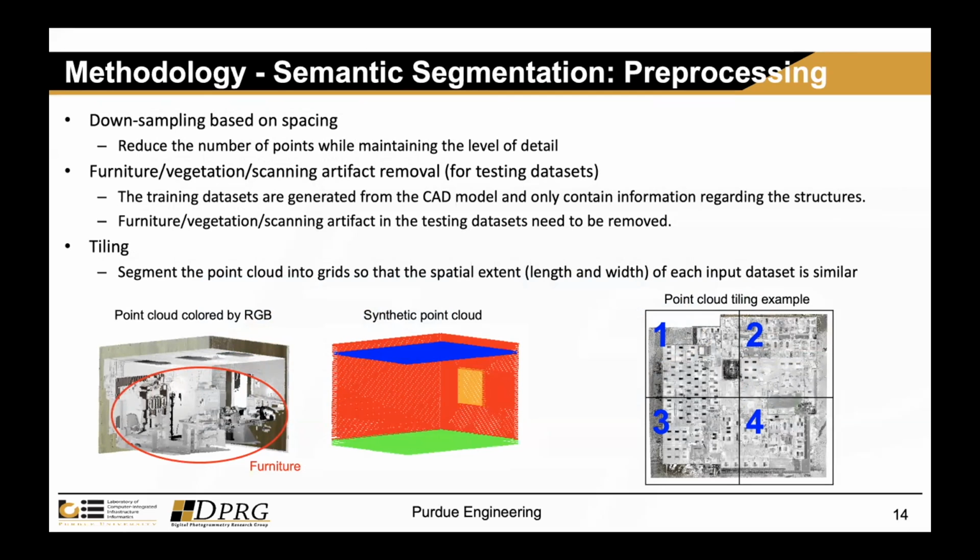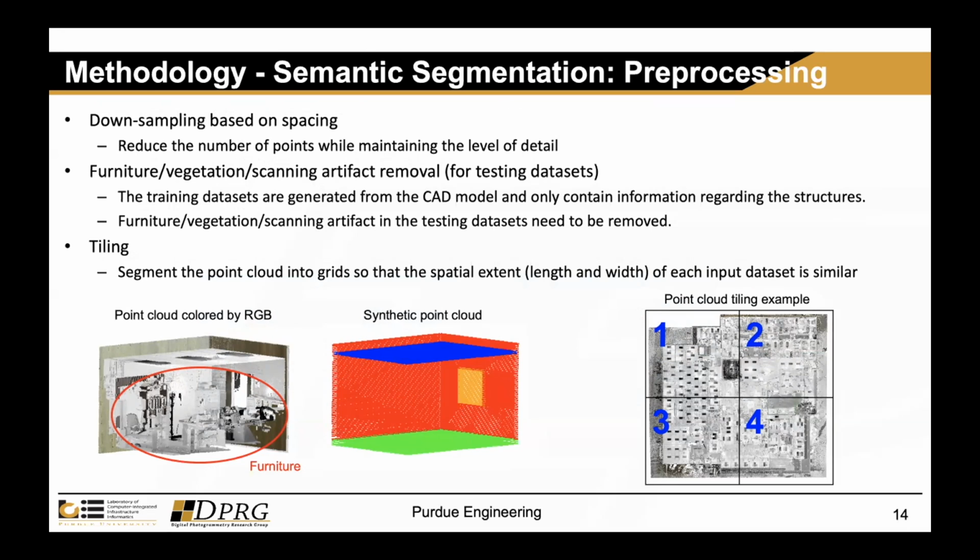The second step is to remove the furniture, vegetation, and scanning artifact from the testing dataset. So the original point cloud captured detailed information of the scene, as we can see at the bottom left image. So we can observe some furniture here.